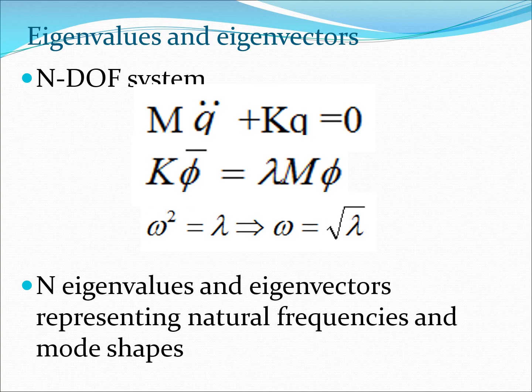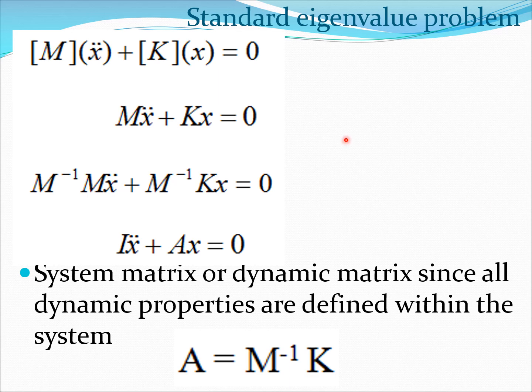MATLAB may actually give you functions to do this. Now sometimes people like to deal with a more simple problem. So we could take this equation here, M x double dot plus K x equal to 0, and we'll just drop these brackets and all, keeping in mind that these are all matrices and vectors.